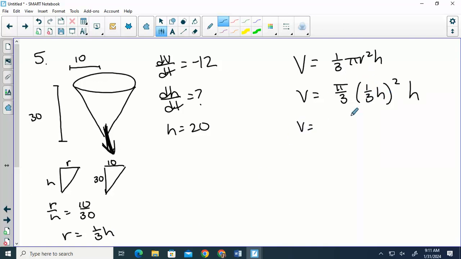Okay, so let's clean it up before we do the derivative. 1/3 squared is 1/9, so it would be pi over 3 times 9, which is 27. h squared times h is h to the third. So our derivative, dV/dt, equals 3 comes down, so that's pi over 9 h squared, what's the derivative of h?